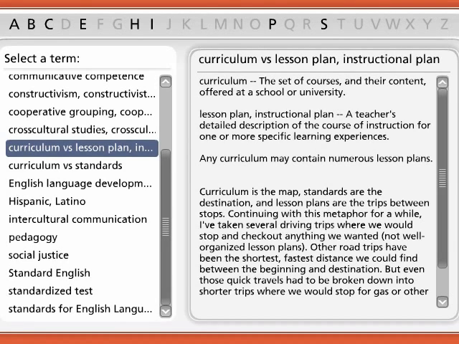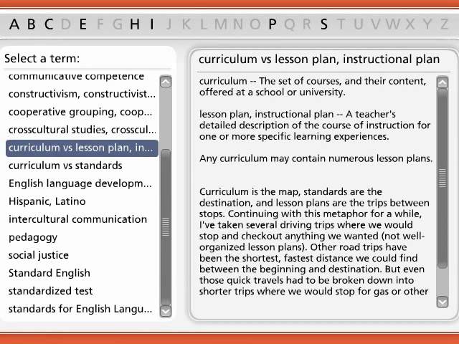All right, continuing with this metaphor for a while, I've taken several driving trips where we would stop and check out everything we wanted. That, in the metaphor, is not a well-organized lesson plan. Other road trips have been the shortest, fastest distance we could find between the beginning and destination, which is not always necessary either for well-organized plans.